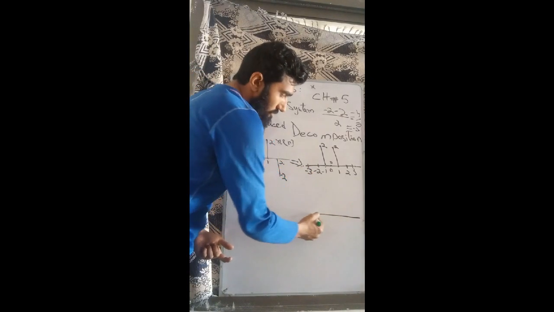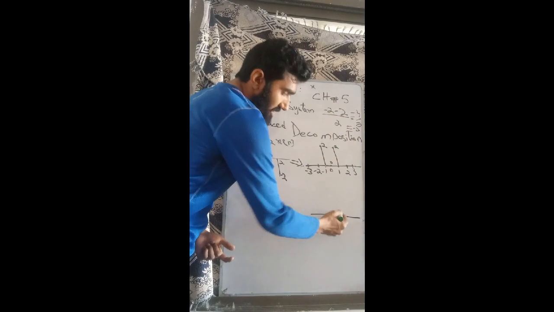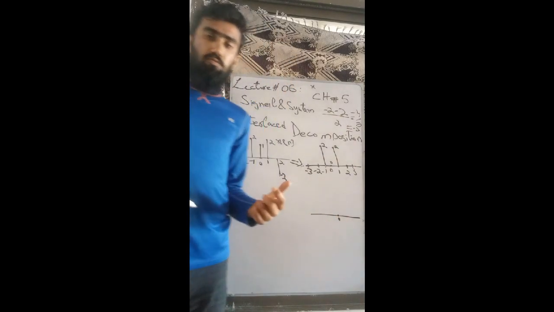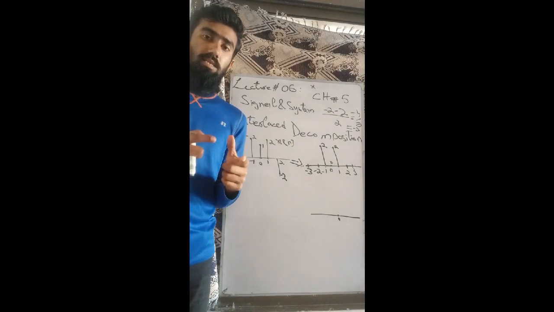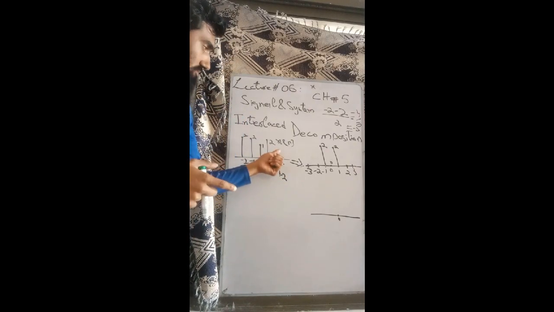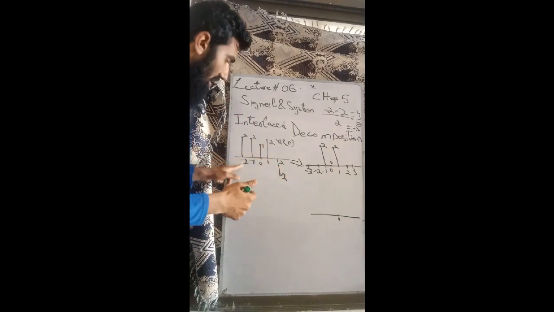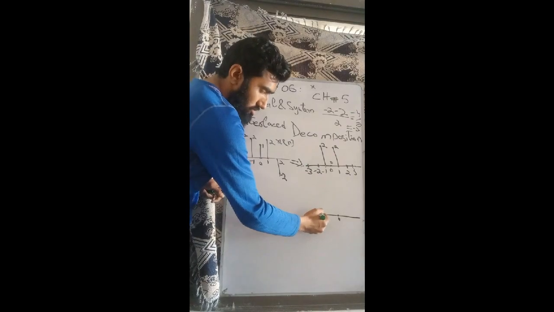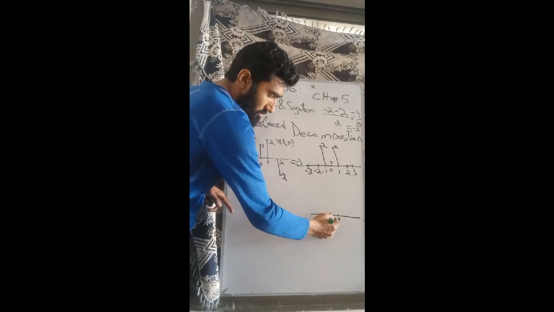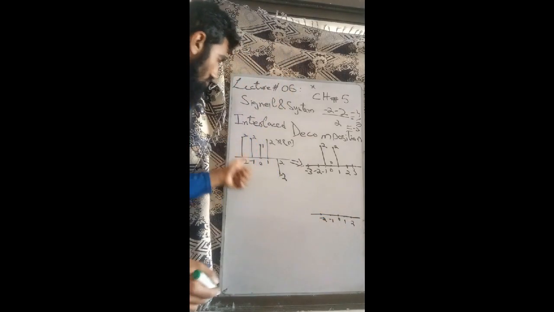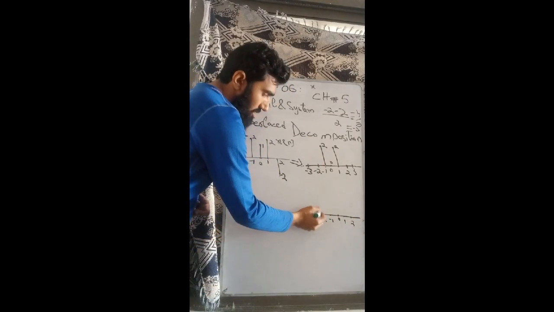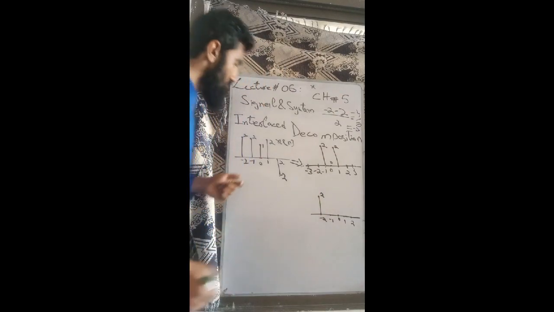For the other part, we are doing the inverse process. What is the inverse process? We take the value 0 at odd indexes, and at even indexes the value we take is from this complex signal. So at -2 it is even index, so we will write 2.